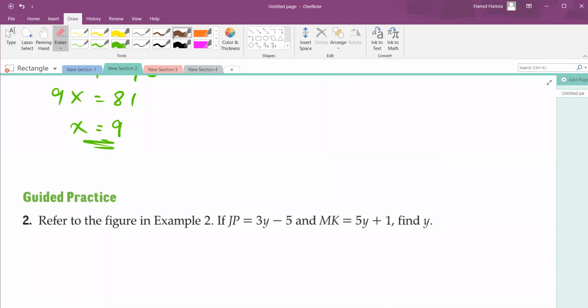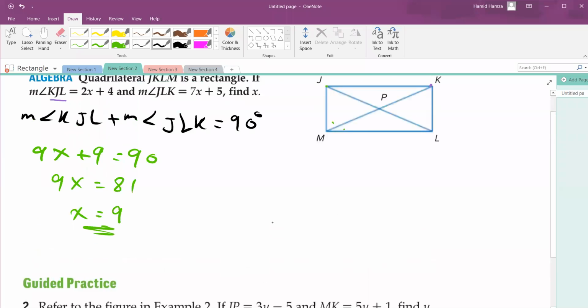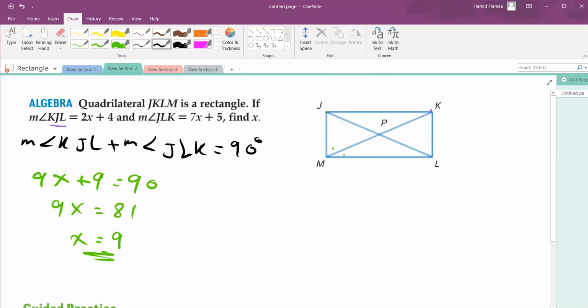In this part, it tells you GB equals 3y minus 5. Where is GB? That means this part. It is not a side. It is a part of the diagonal. It is not the diagonal, and it is not a side. It is a part of the diagonal.